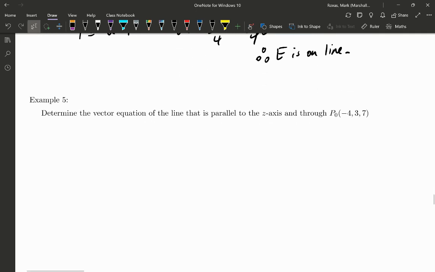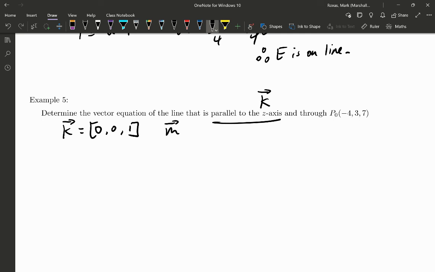For my final example, determine the vector equation of the line that is parallel to the z-axis that goes through the point P. Okay, so parallel to the z-axis. Well, what vector do we know that describes the z-axis? That is going to be our unit vector k. Remember, unit vector k is equal to 0, 0, 1. If that line is going to be parallel to that unit vector, then my direction vector is 0, 0, 1.